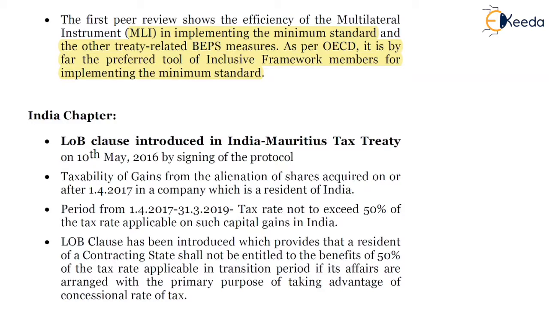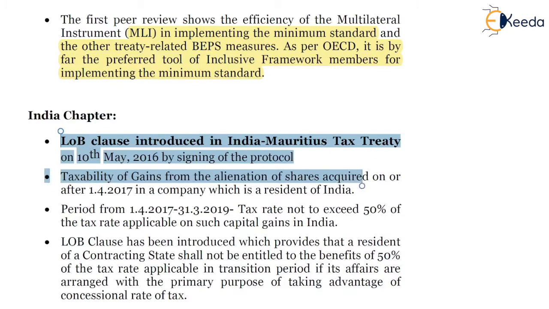On your screen, LOB clause introduced in India-Mauritius Tax Treaty on 10th of May 2016 by signing of the protocol. Taxability of gains from alienation of shares acquired on or after 1st of April 2017 in a company which is a resident of India.